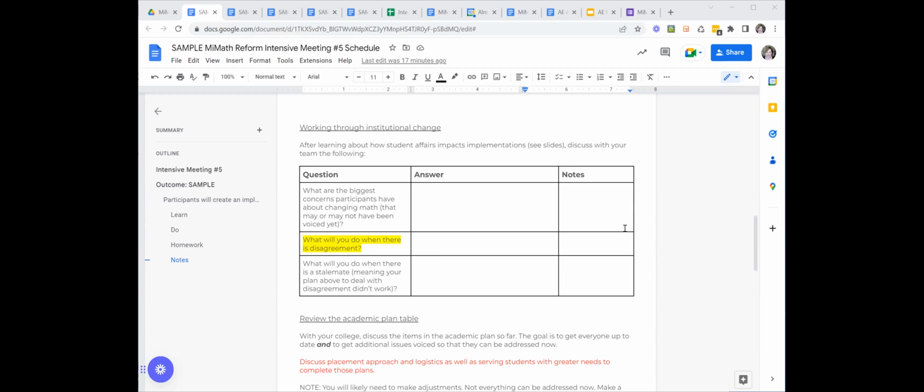I'd be happy to help clarify that if you want to send an email and loop me in. I don't want to reach out and say, hey, your faculty is tattling on you in the math workshops, but if you were to invite a conversation, I've had conversations with your president before and am happy to do so again.